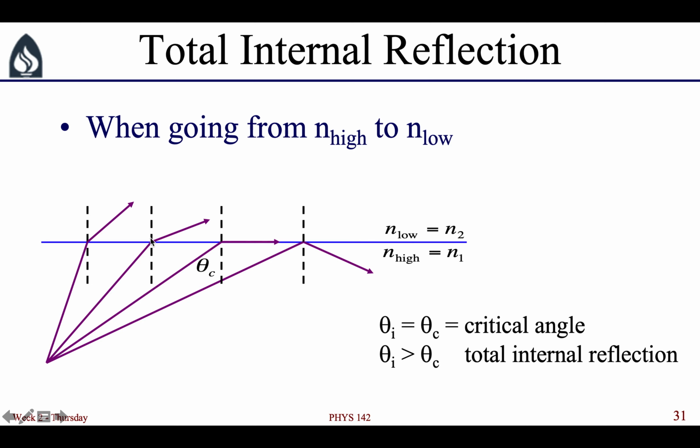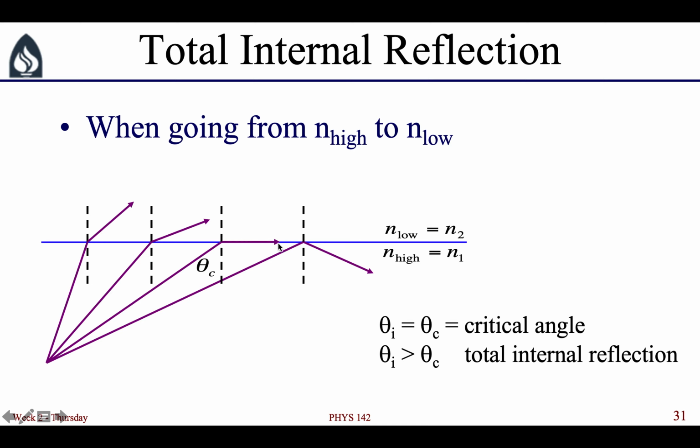If we make that angle bigger, then the angle of refraction will also get bigger, and it will get larger and larger until at some point the angle is 90 degrees and the beam that is refracted will be just skimming along that surface.